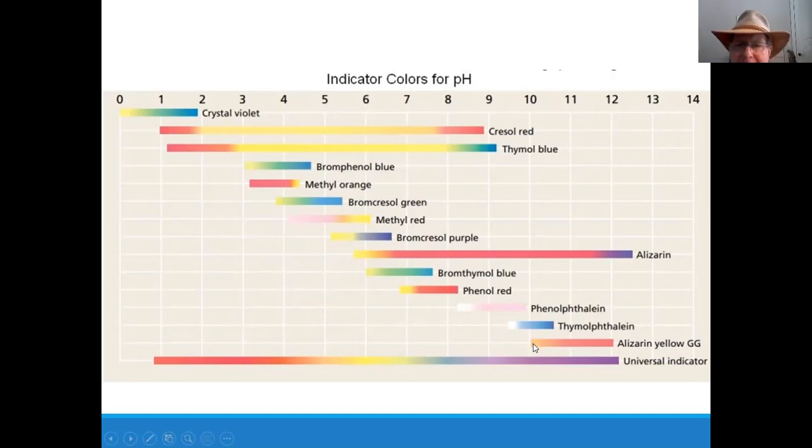But can it be that low? Because alizarin yellow is yellow at 10. Oh, I'm sorry, I was looking at the one that's higher up. You're looking at the methyl red? If the pH is at 11, Jordan, what color is the methyl red going to be?